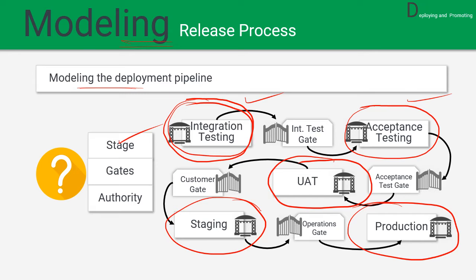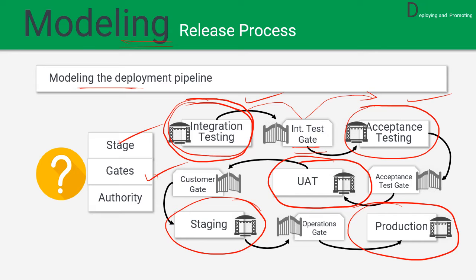You may have noticed that in between these stages, there are certain gates, right? So what are these gates there for? These gates decide if the particular build that you've just integration tested deserves to go to the next stage. This decision making is performed by the gate.